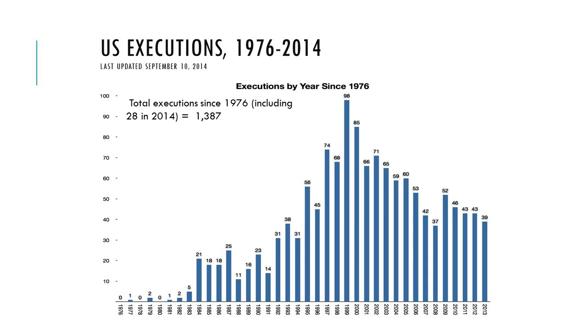So there's, again, sort of an equilibrium that's been reached in terms of the people coming on death row and coming off of death row. The population size has stayed relatively stable over the last 20, really 15 years. We see about the same number of people coming on death row as coming off.